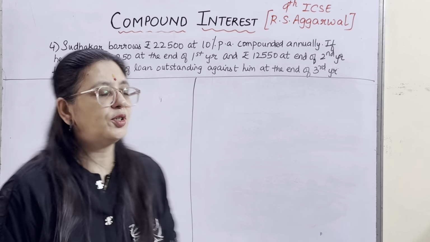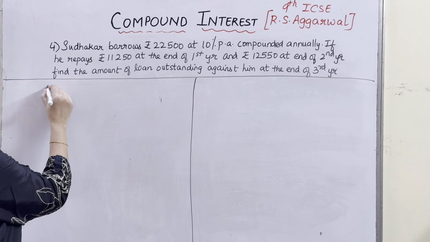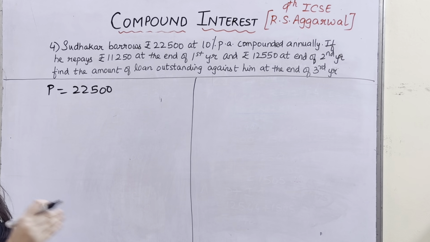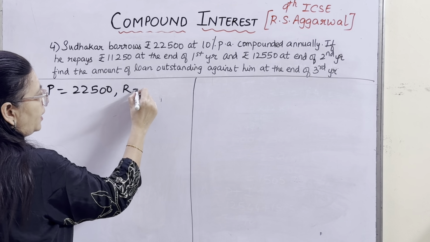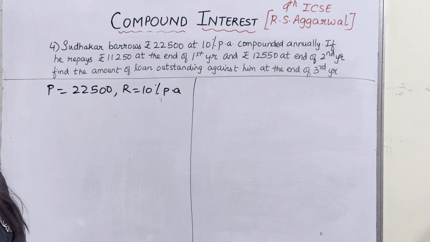Let's do the fourth question, children. Sudhakar borrows rupees 22,500. So that becomes your principal. Principal is 22,500 at 10% per annum. Rate is 10% per annum, which is compounded annually. Every year it is being compounded.